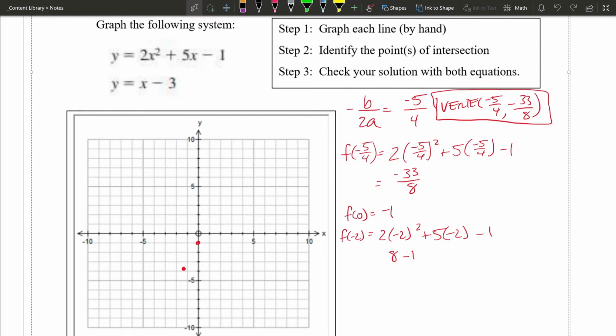Yeah, that's right, negative 3. Do we do another one? I think that's enough points to make the parabola, but I'm going to do negative 3.